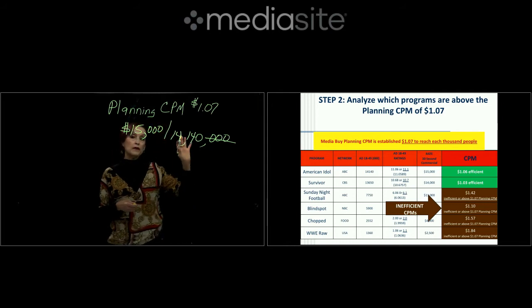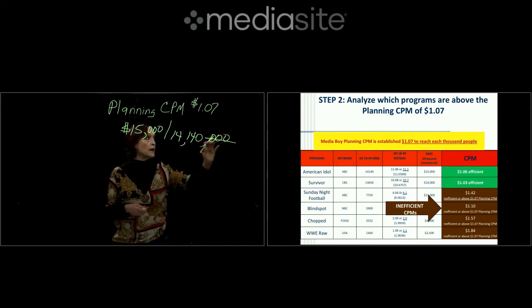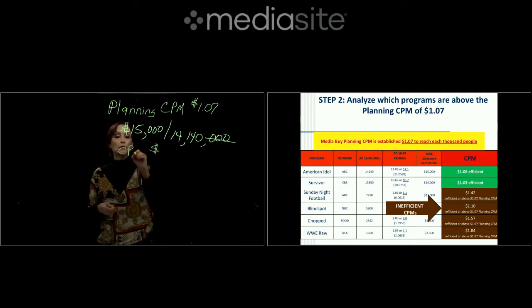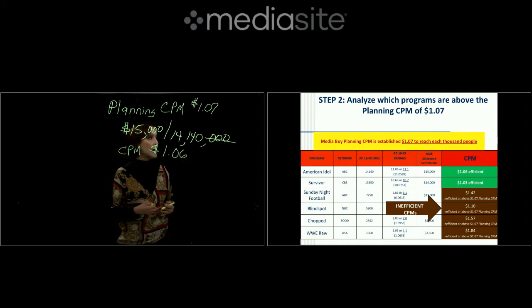Now, if you see on the chart, everything in green, when you do this division for American Idol, the CPM for this show is $1.06 for every 1,000 that you're reaching.